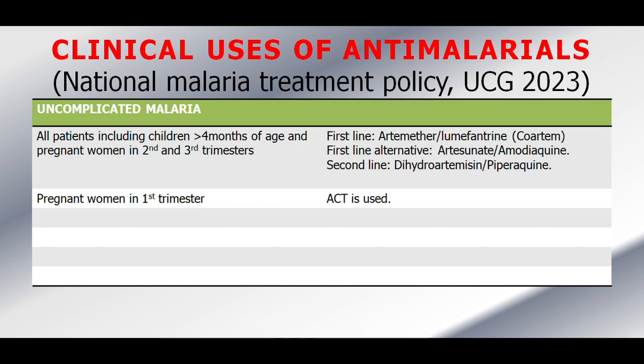Then the first line alternative is artesunate and amodiaquine. Now, if you don't have those drugs, or if they have failed, you have a second line, which is dihydroartemisinin and piperaquine. They are all known as ACT, which means artemisinin combination therapy.